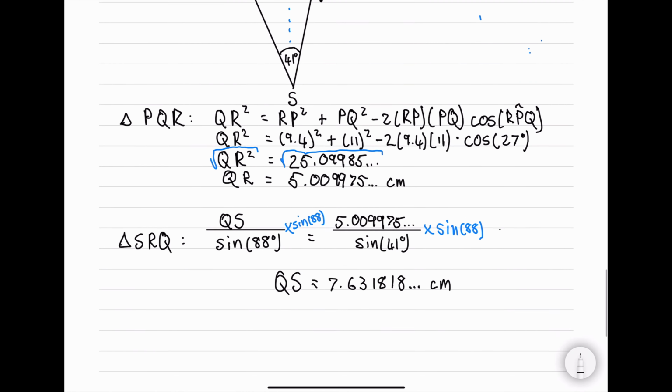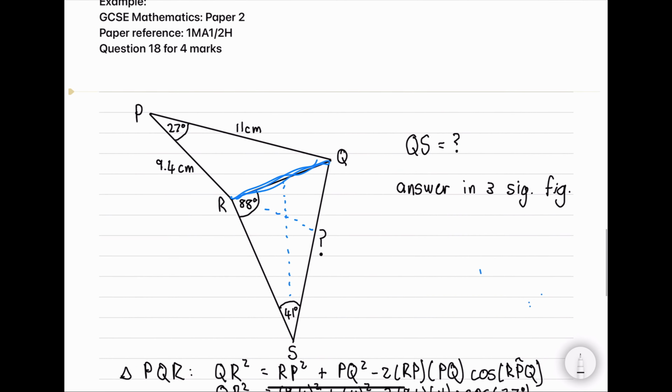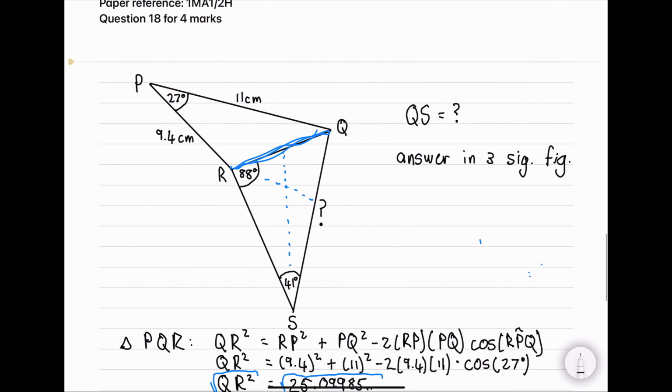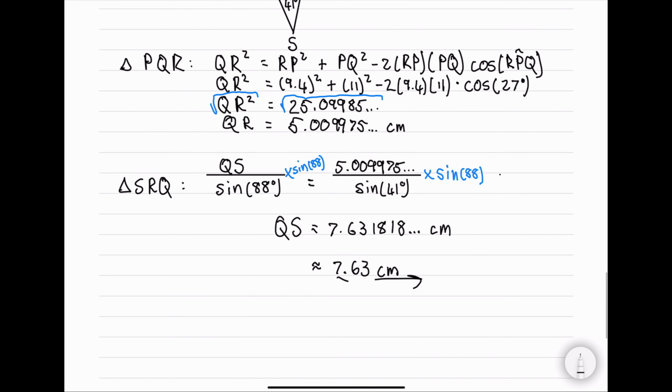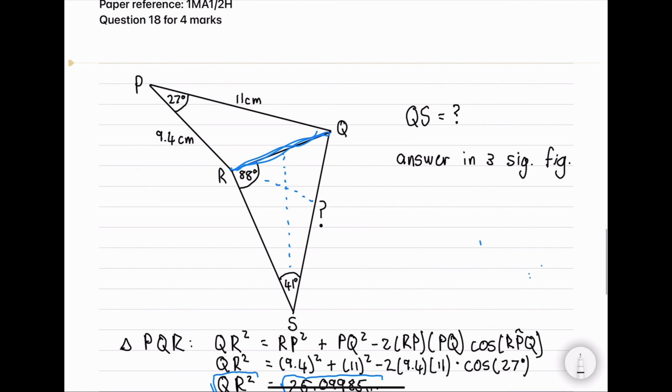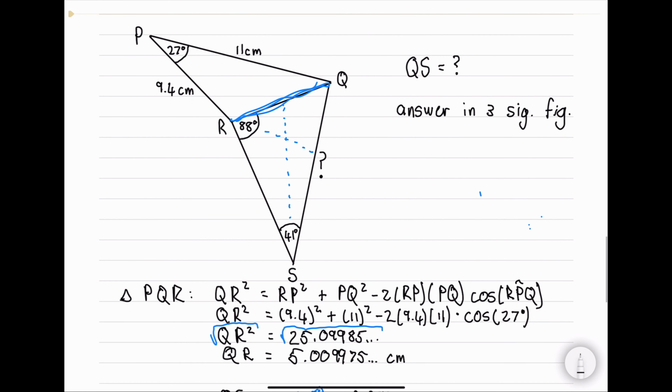But if you remember, the question said that your answer should be in 3 significant figures. So if you round this off to 3 significant figures, you should get 7.63 centimeters as your final answer. And there you go. You got all 4 marks for question 18.